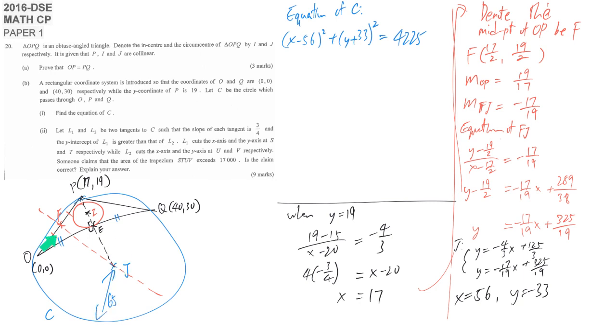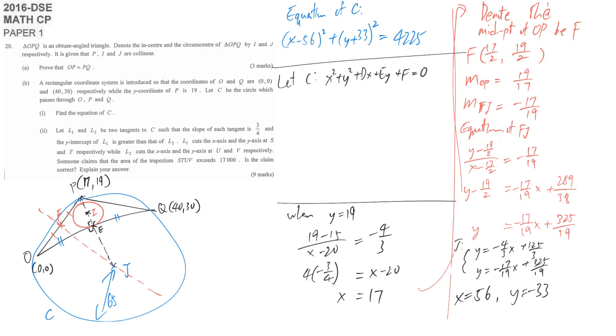There are more methods. Maybe some of you will try to express J in terms of one unknown only, because it's lying on the black line PJ. And then with the distance formula constraint, you can get the value of x or y after that. But in some marking schemes, one method is to let the equation of C be x squared plus y squared plus dx plus ey plus f equal to 0.